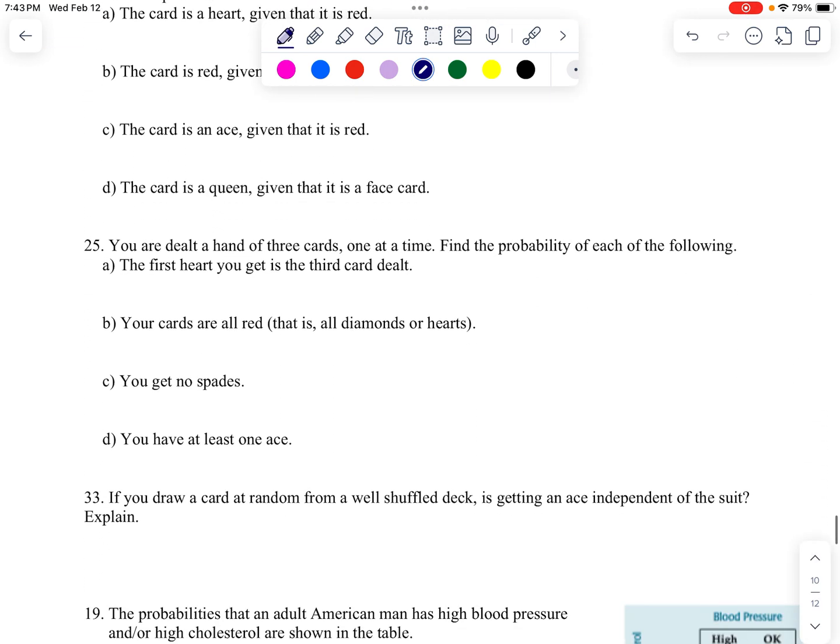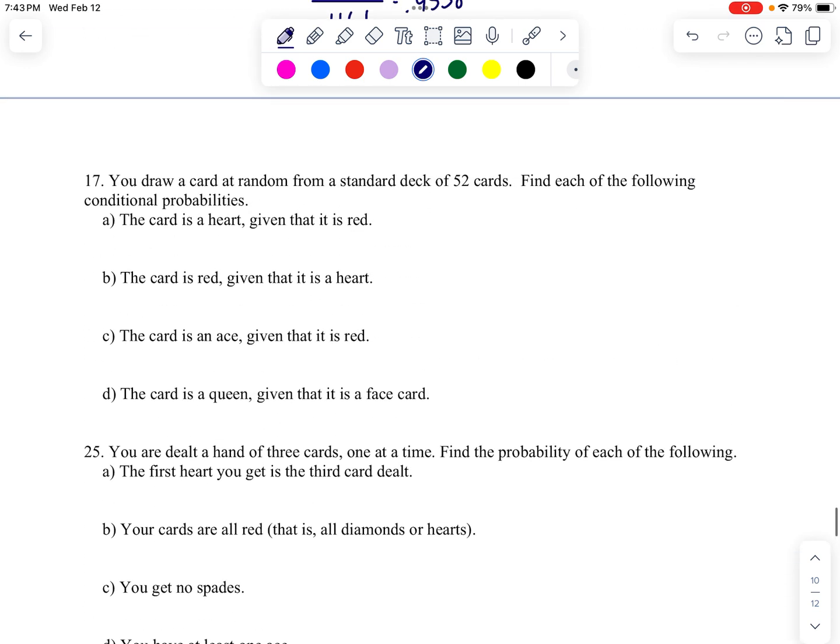Okay. All right. Moving on to, you draw a card from a deck of 52 cards, find each of the following conditional probabilities. All right, the card, now sometimes this is almost easier with logic than it is writing something down, but we'll do a combination of both, I guess.